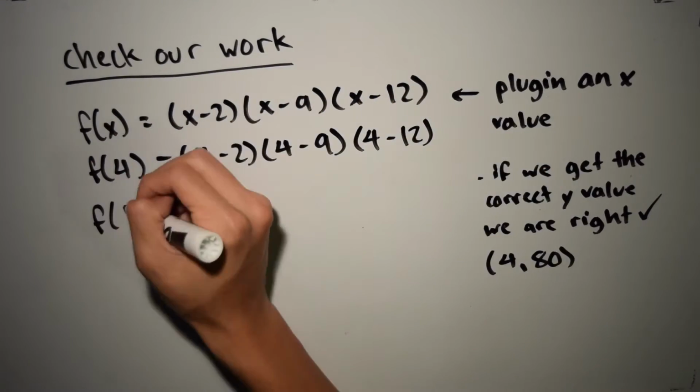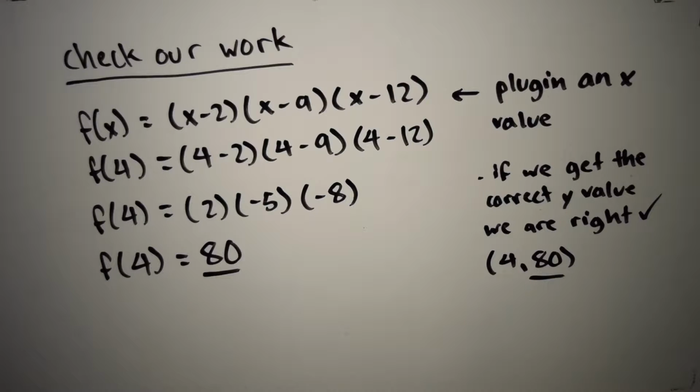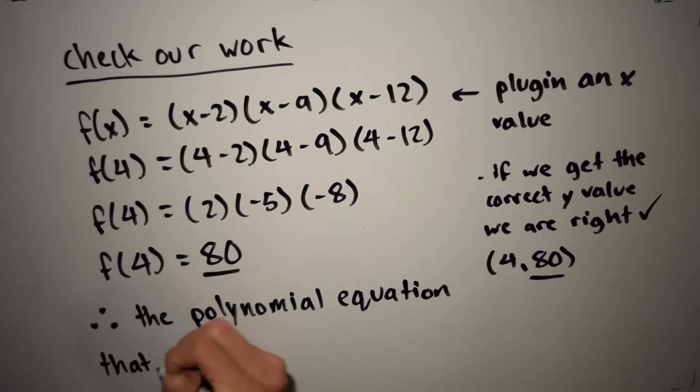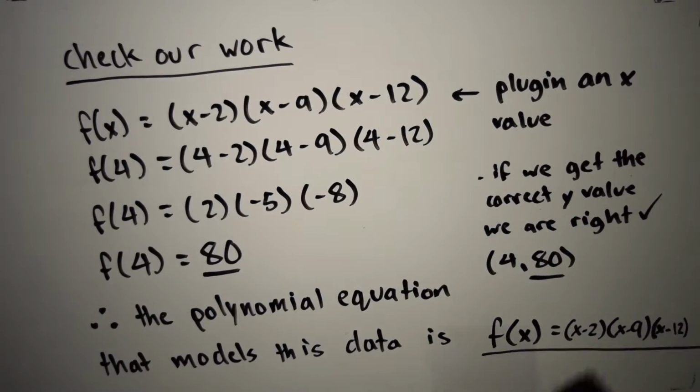When we plug in 4, we get f of 4 equals 80, which is the y value of the point we plugged in. This confirms that our equation is correct. Because this is a word problem, we need to answer in a sentence. Therefore, the polynomial equation that models this data is f of x equals x minus 2 times x minus 9 times x minus 12. That's the end of part B.